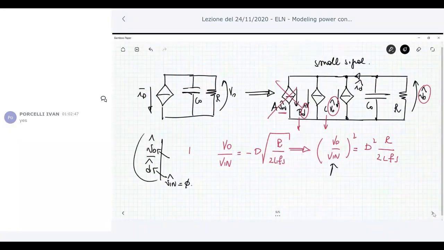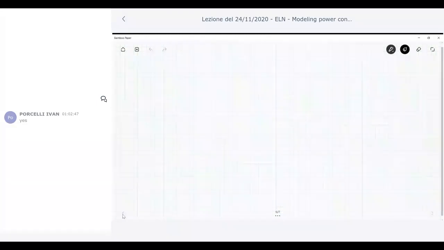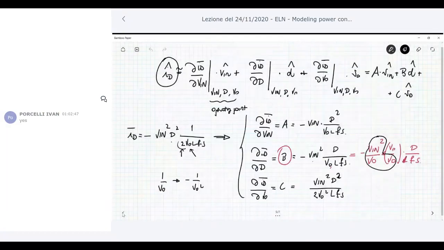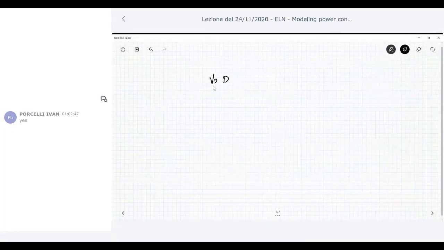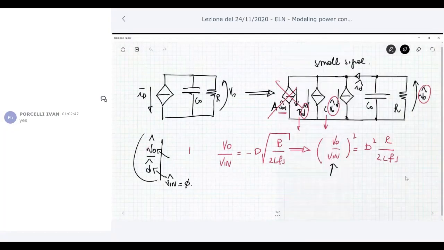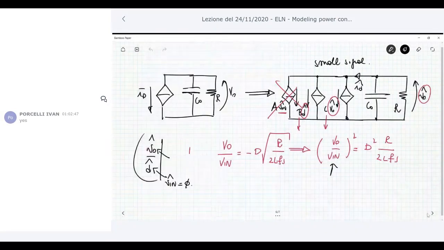So let me put this expression into the previous one, and then I have V naught D over L Fs, and here you have D square R over 2 L Fs.